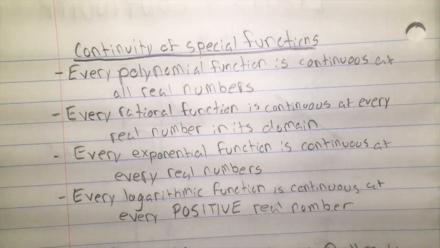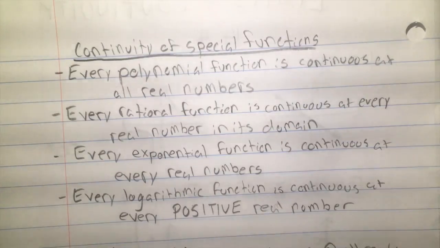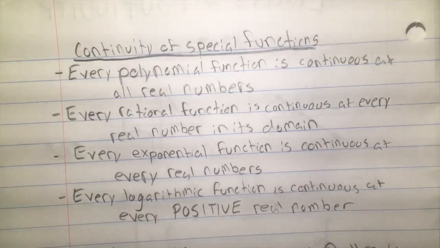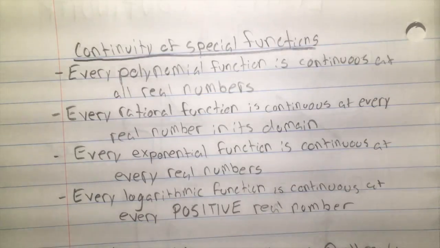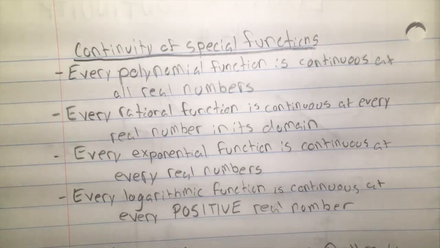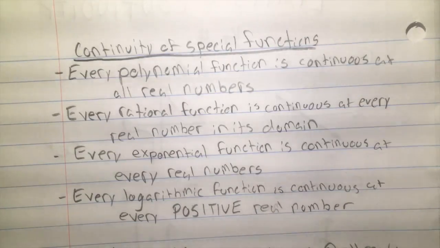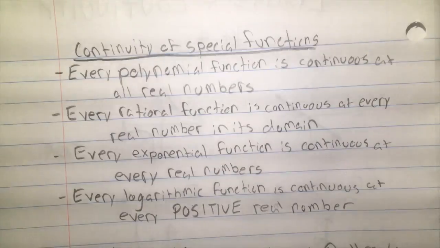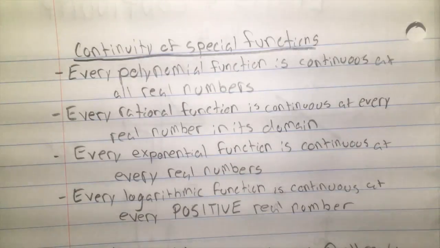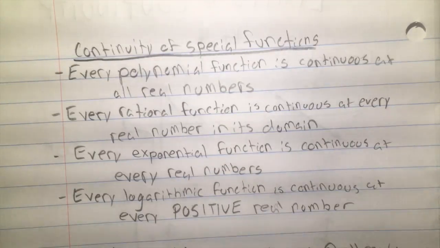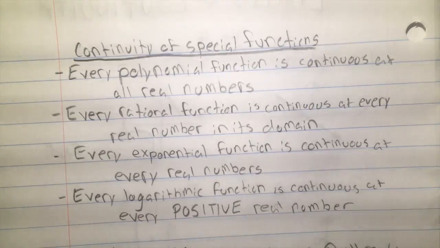Next, every rational function is continuous at every real number in its domain. And all exponential functions are continuous on all real numbers. And every logarithmic function is continuous at every positive real number.